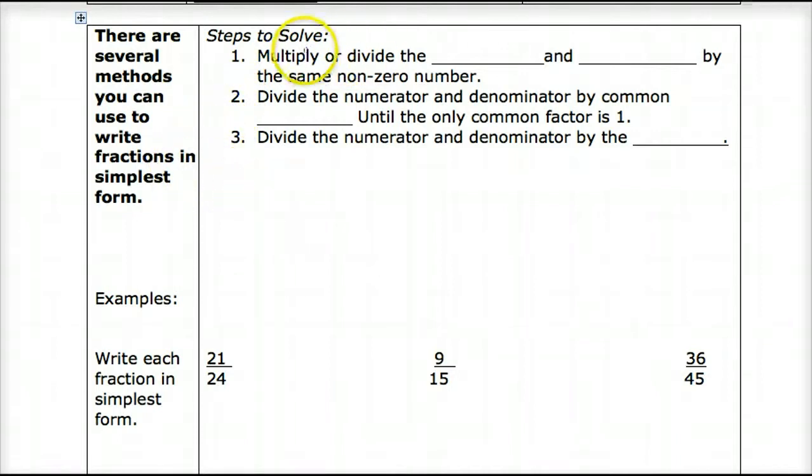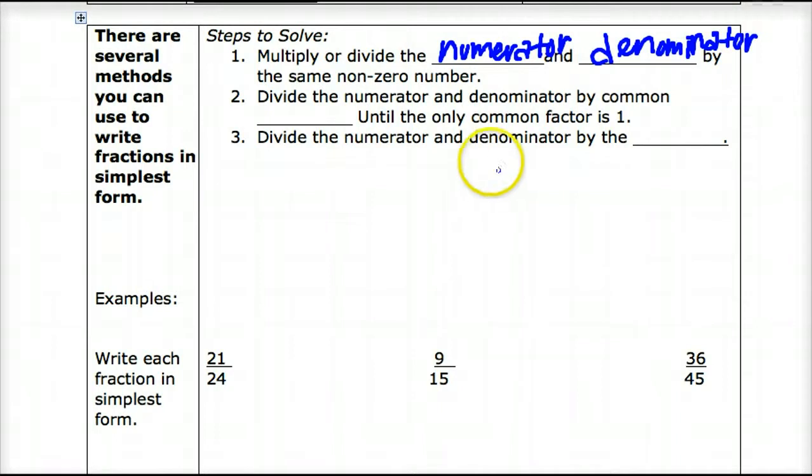The first step that we're going to be dealing with is to multiply or divide the numerator and the denominator by the same non-zero number.